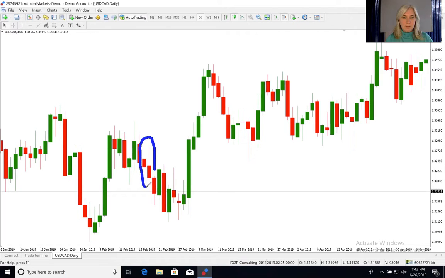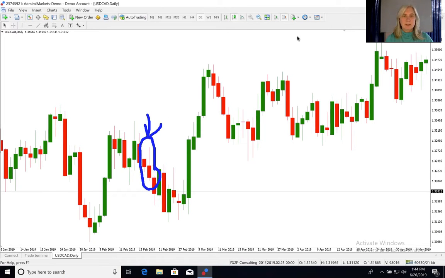So this one is also an engulfing pattern because the first candle is small, the second candle is larger. Because it's a candle going down, then that's a bearish engulfing pattern. So that's bearish engulfing there.